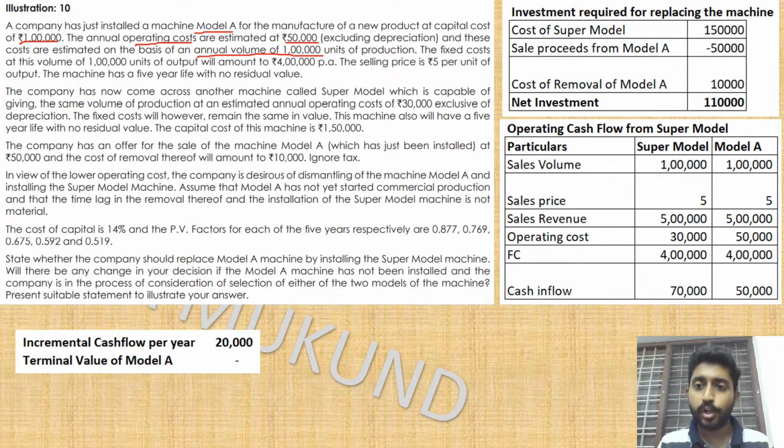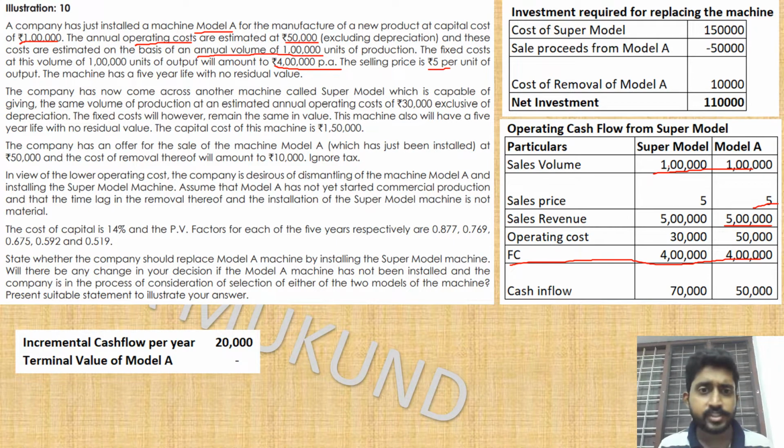So the annual volume is 1 lakh, and the fixed cost for this volume is 4 lakh per annum. The selling price is 5 rupees, so the sales revenue will become 1 lakh into 5, which is 5 lakh.